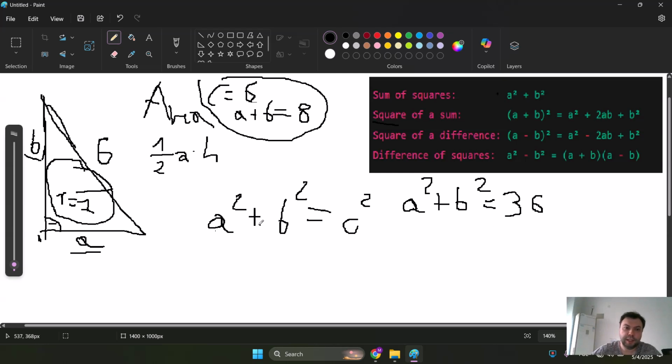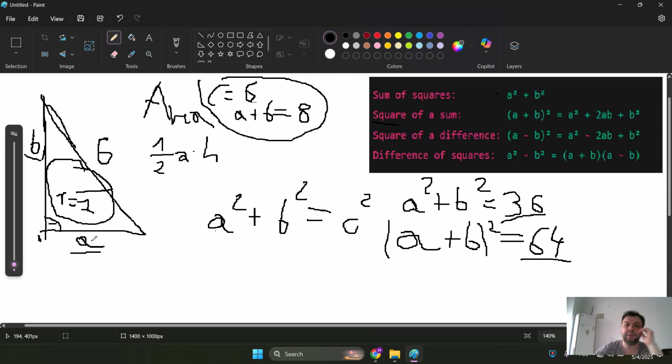We also know that a plus b is 8. Therefore, using square of a sum, a plus b, and here we write it in brackets, squared, equals 64. So that's what I was talking about, this difference. So a squared plus b squared equals 36, but a plus b squared equals 64.